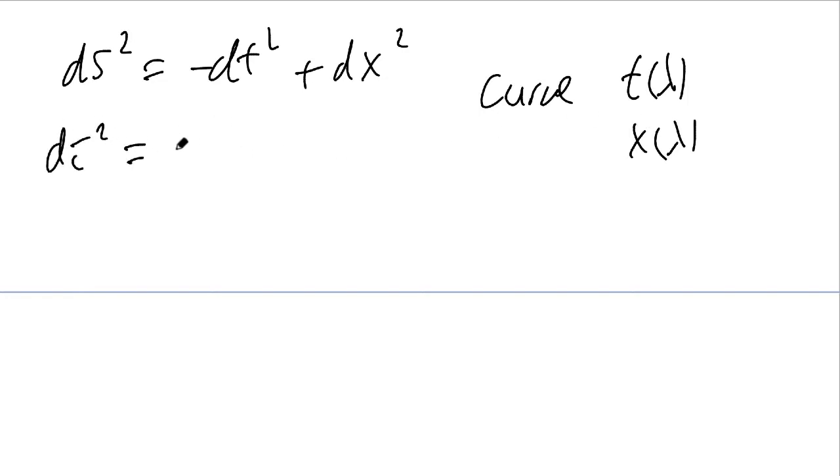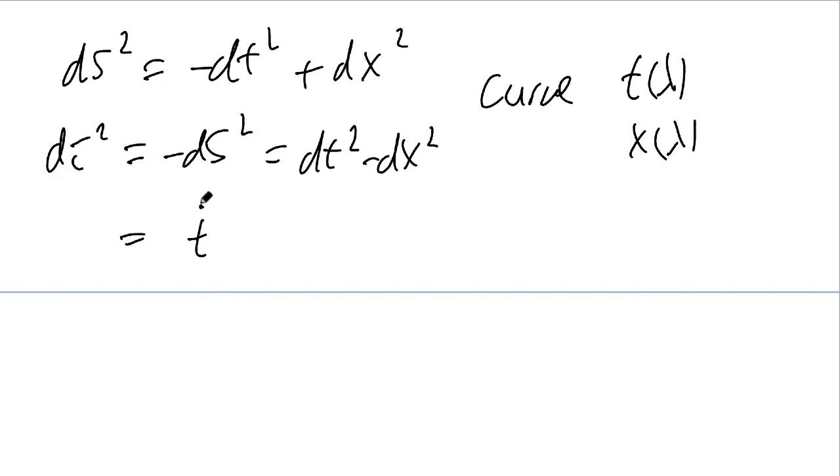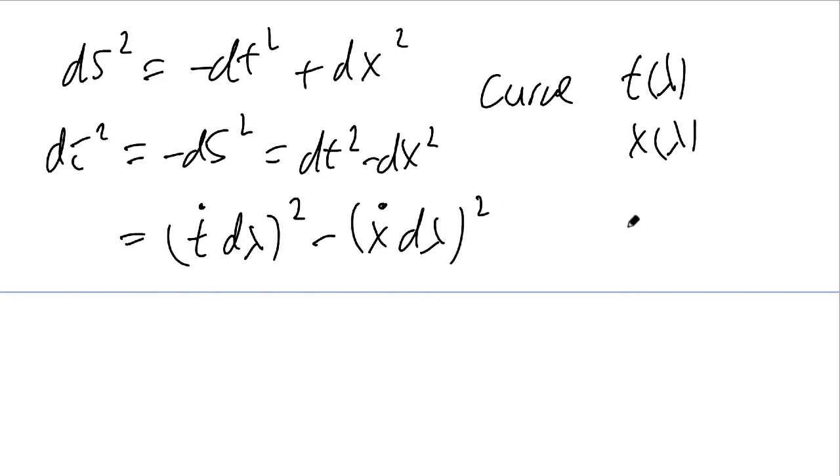So we define d tau squared to be minus ds squared, that's dt squared minus dx squared. And we can now write dt as dt d lambda times d lambda. Why don't we call dt d lambda t dot. So dx squared would then become x dot squared d lambda squared. So here the notation is t dot is dt d lambda, x dot is dx d lambda.